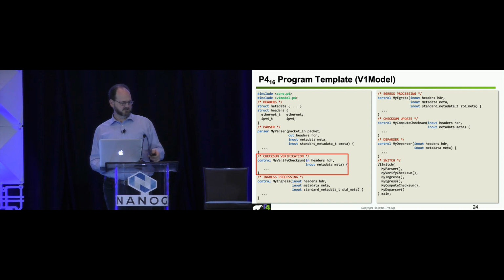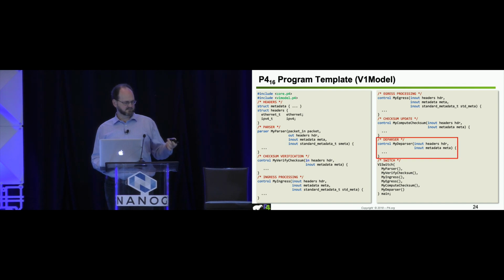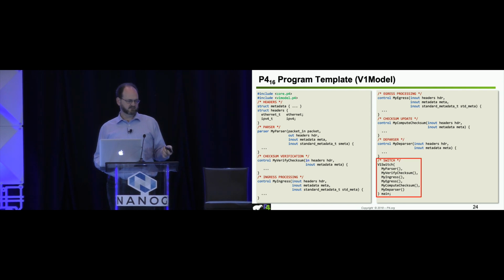Checksum verification, again, this is where we do optional checking of received checksums. Ingress processing, egress, checksum update, deparser. Now, you notice that there are names like my parser, my verify checksum, my egress, and all these names. Are those baked into the language? No, they're not. What is baked into the architecture in the V1 model of P4 is that at the end, you need to define this V1 switch like this.